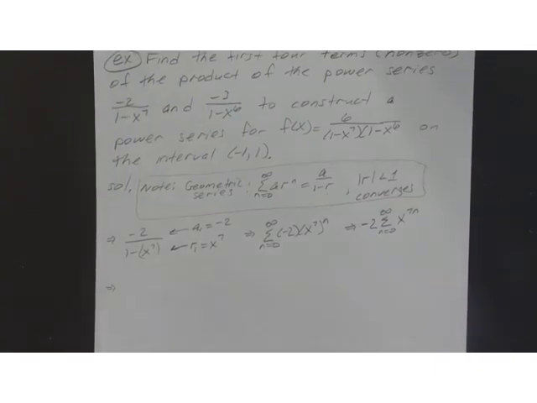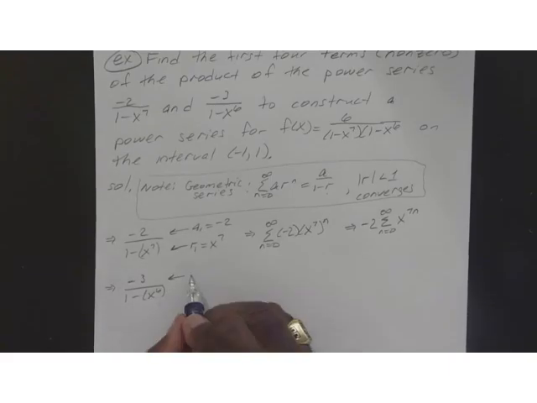Okay, and we do the exact same thing for negative 3 divided by 1 minus x to the 6th power. We see that our a number 2 is equal to negative 3, and our r number 2 is equal to x to the 6th power.